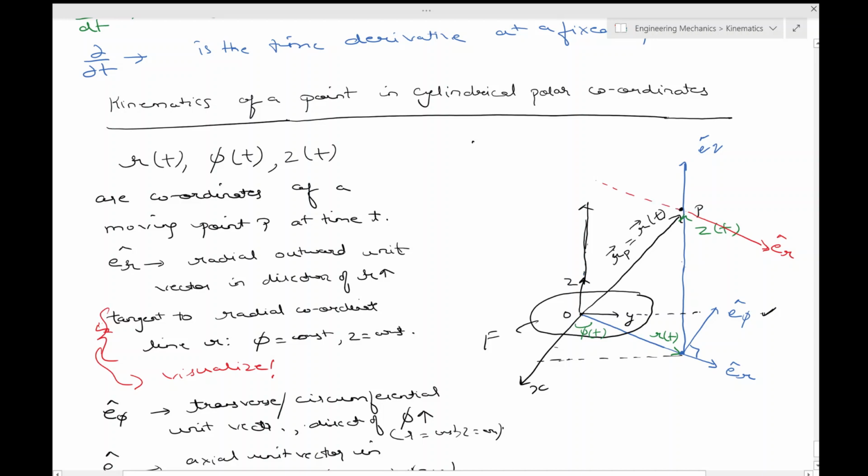So on this line, z and phi are constant, this radial line.